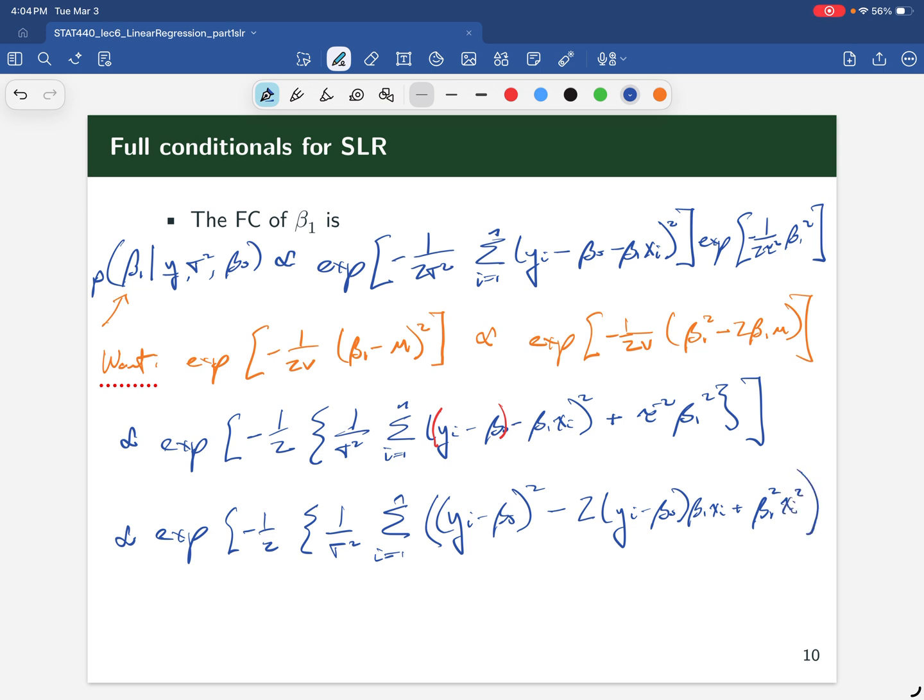So all we've done is we have taken this and we've FOILed it out, where the first term is this thing in parentheses. Now, of course, I still have this, so let me just tack that on: plus tau to the negative 2 beta 1 squared. Okay. Hopefully, so far so good.